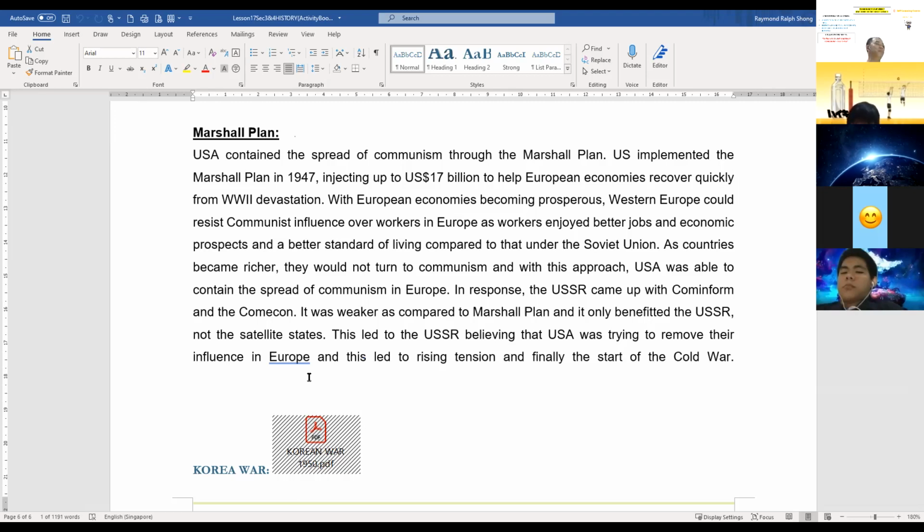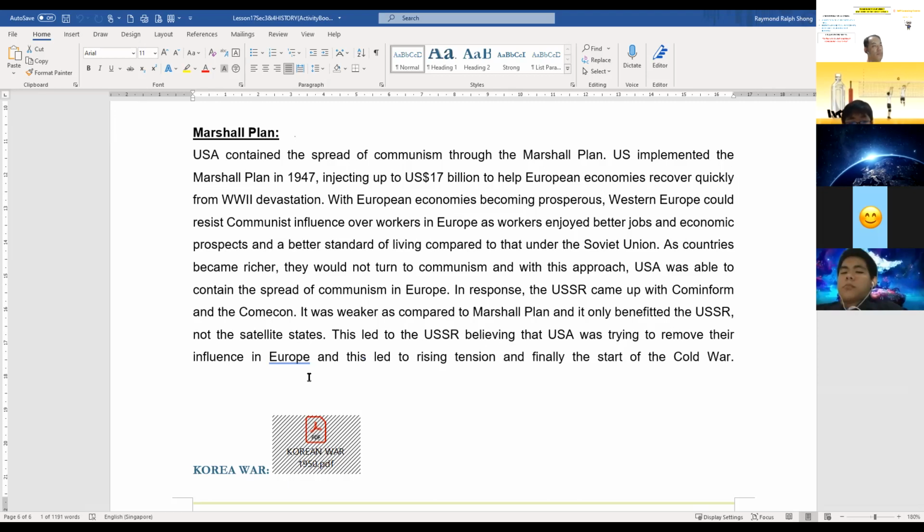With European economies becoming prosperous, Western Europe could resist communist influence as workers in Europe enjoyed better jobs and economic prospects and a better standard of living compared to that under the Soviet Union. As countries became richer, they would not turn to communism. With this approach, USA was able to contain the spread of communism in Europe.